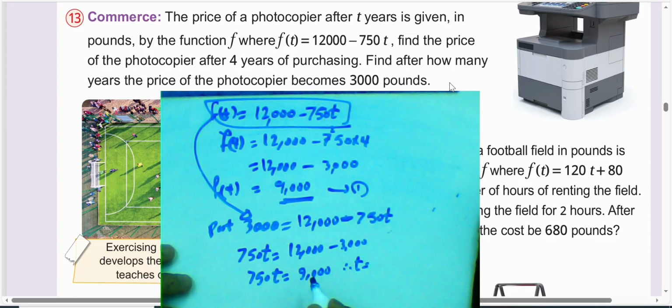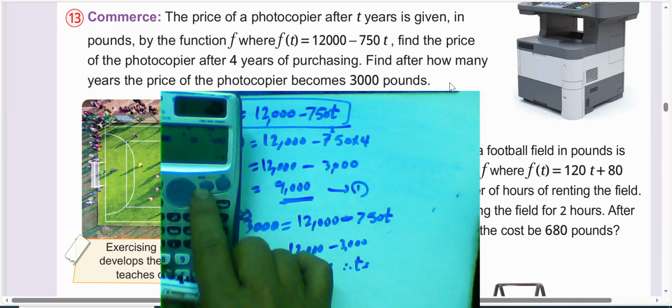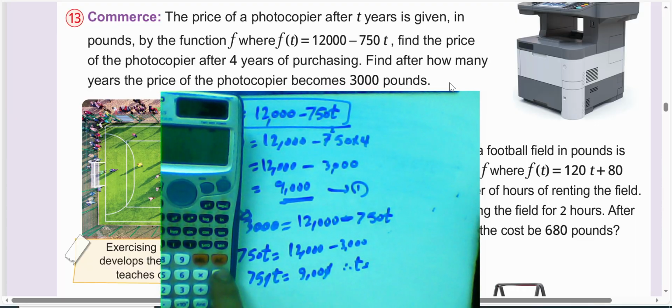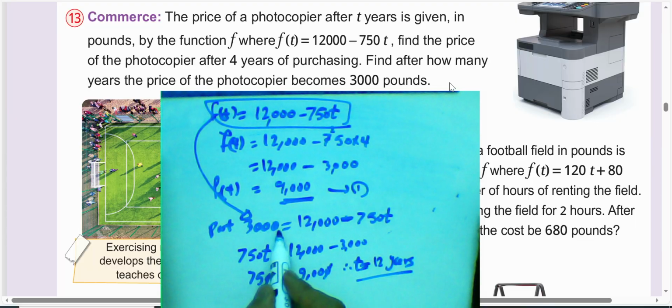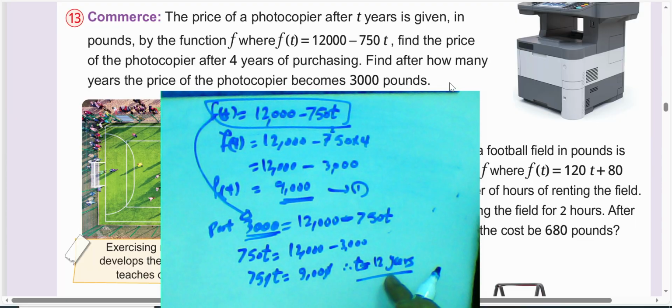Then t will be equal to 9,000 divided by 750, cancel the zeros, 900 divided by 75. The result will be 12. Then after 12 years, the price of the machine will be 3,000. This is question number 2.